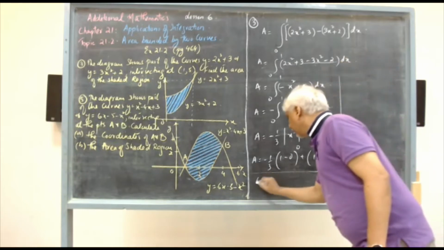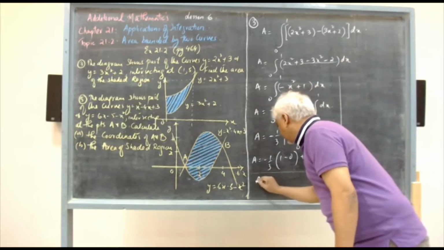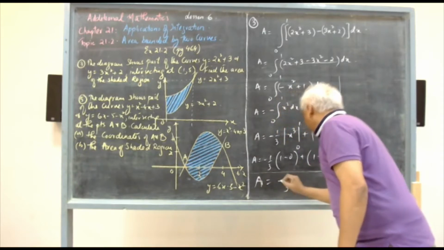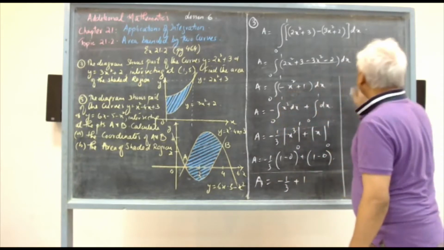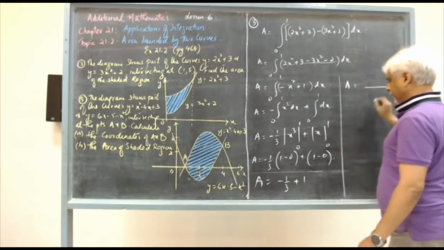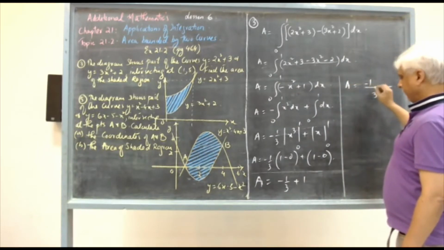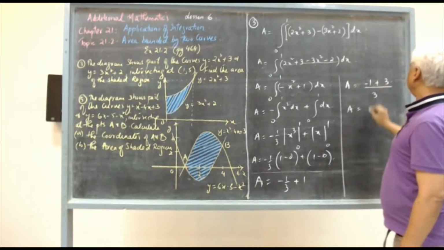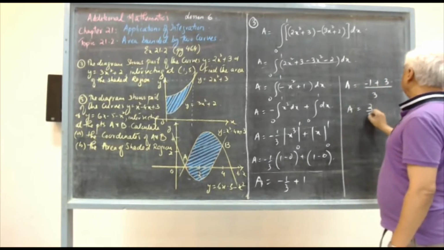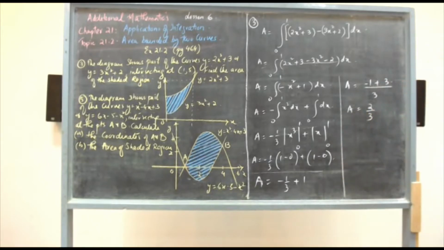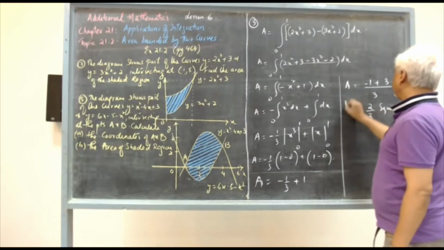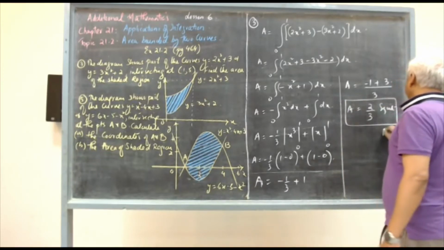So this will give you A equal to minus 1 over 3 plus 1. So the shaded area is now equal to, taking LCM, minus 1 plus 3 over 3. 3 minus 1 will give you 2 over 3. So 2 over 3 square units will be the answer.